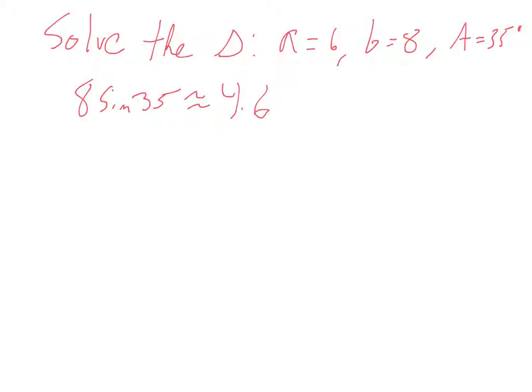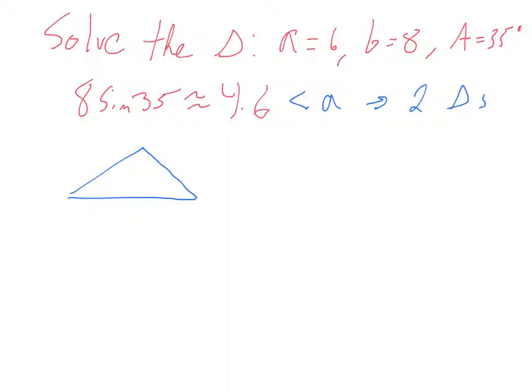So a is bigger than 4.6, so this is less than a, and therefore we have to have two triangles in this situation, as we discussed before. So we need to figure out both triangles that could result from this situation. For the first one, we're going to find the usual. And what's happening here? Let's draw a diagram just to see what is going on that is making this occur.